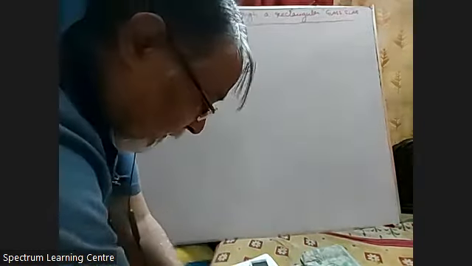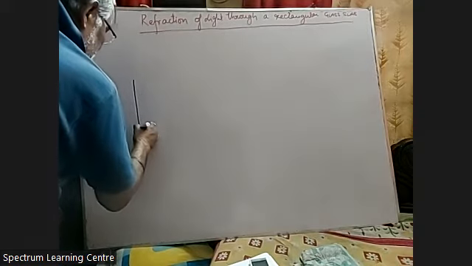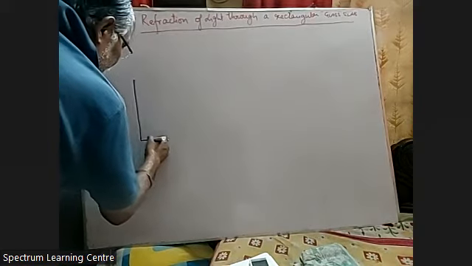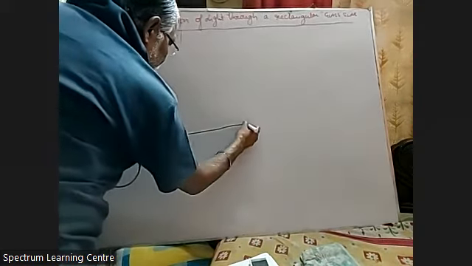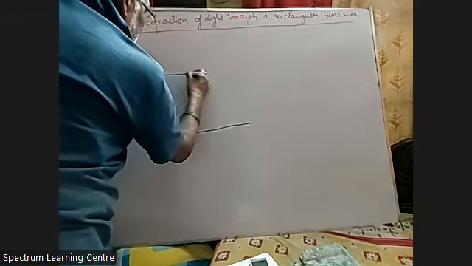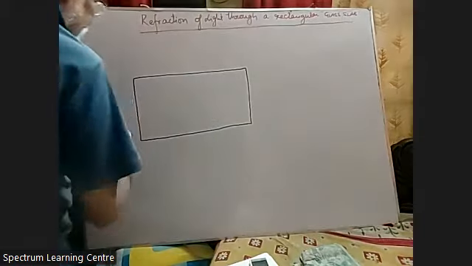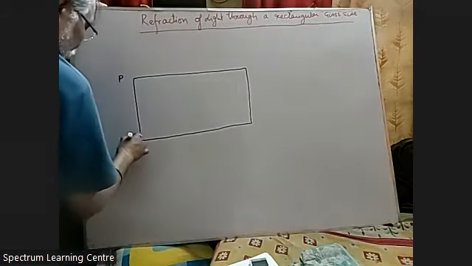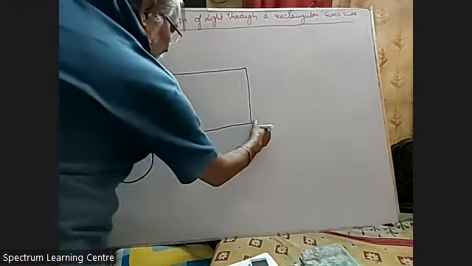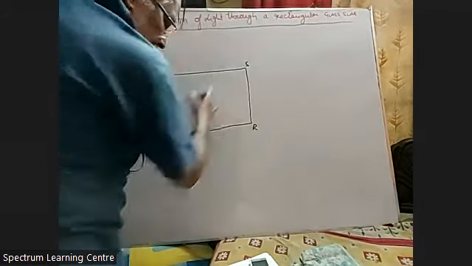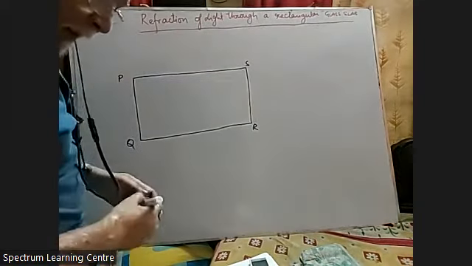Now suppose I have a rectangular glass slab PQRS, right?